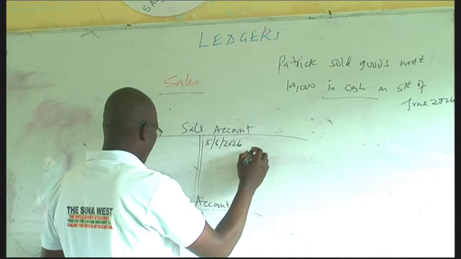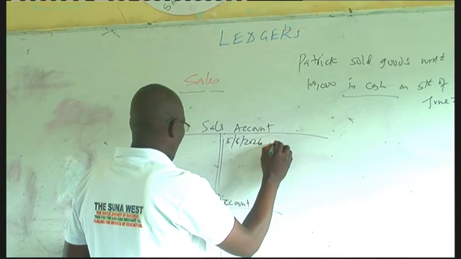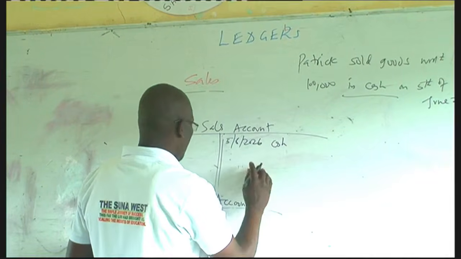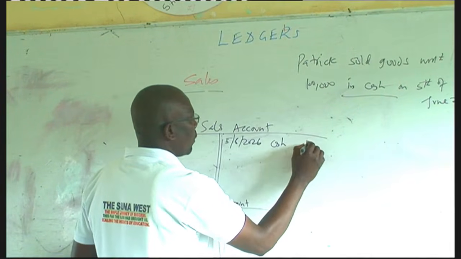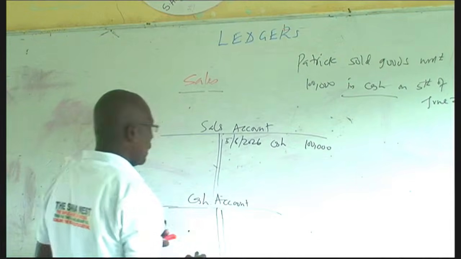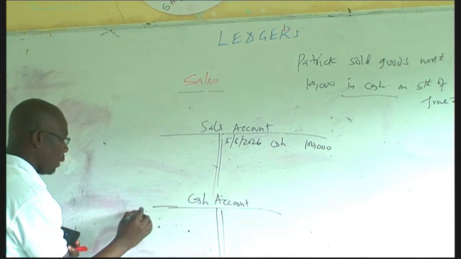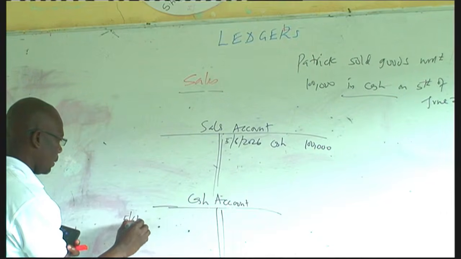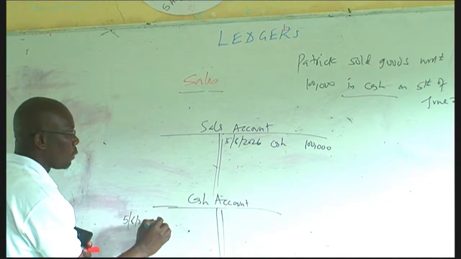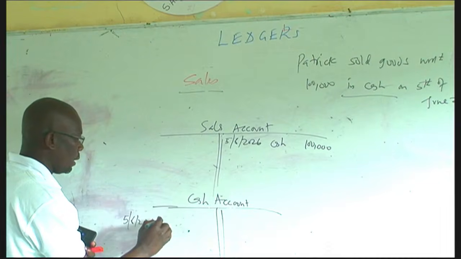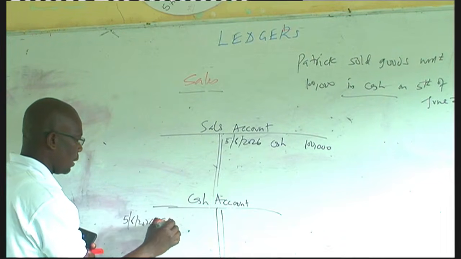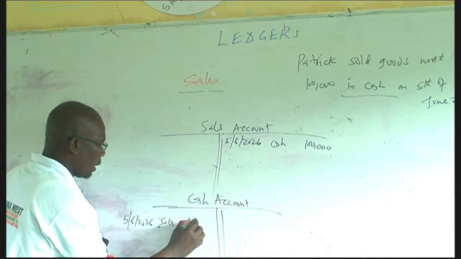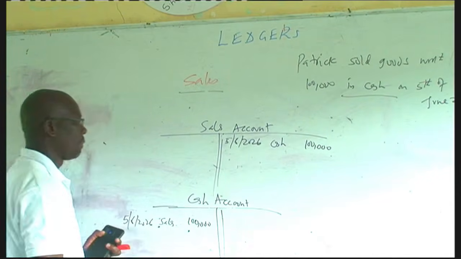Item that is being credited is cash, because we have sold in cash. Amount involved is 100,000. Similarly, we come to the cash account and have the date, and we debit in the name of sales. Amount is 100,000.